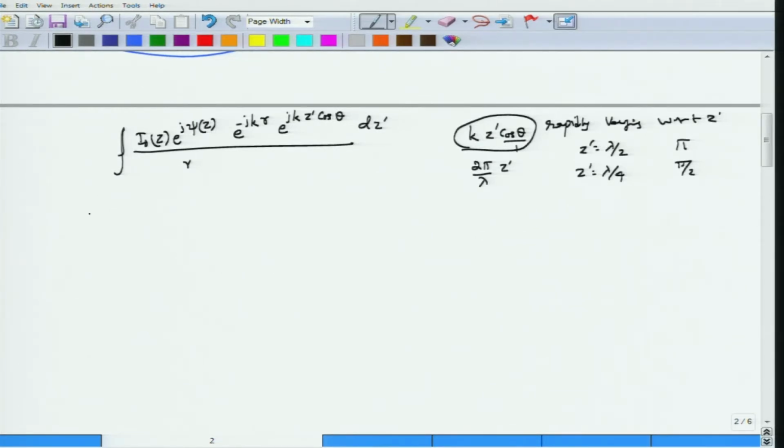What I am now left with is the magnetic vector potential, which is still in the z direction, and is given by mu 0, assuming we are in free space, e power minus j k r divided by 4 pi r, and the integration would still have I0(z) e to the power j psi of z e to the power j k z cos theta dz. I am dropping z prime, which would have represented the source point, and just writing z in its place.